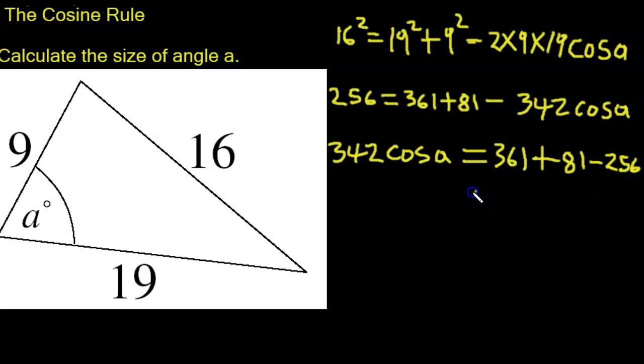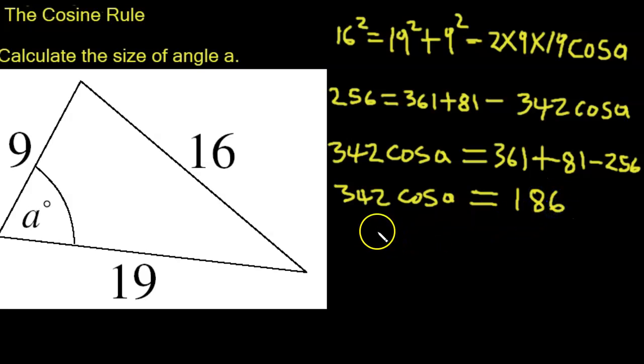Alright, so what I'll end up with is 342 cos A. Let's add these numbers: 361 plus 81 minus 256, that gives me 186.